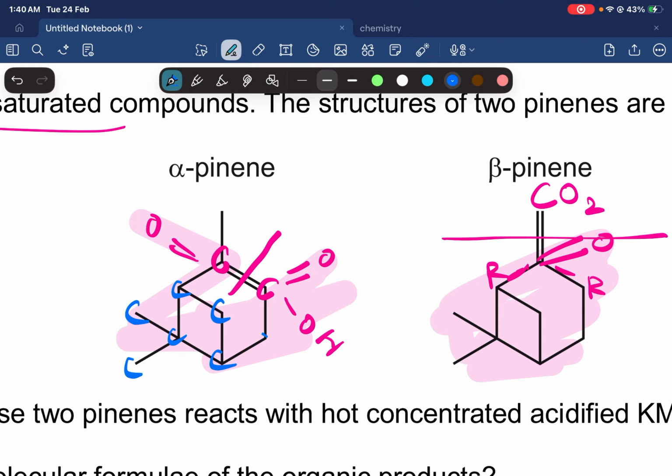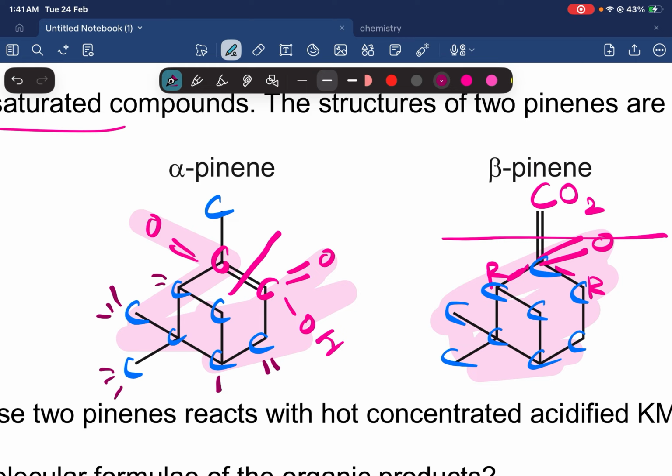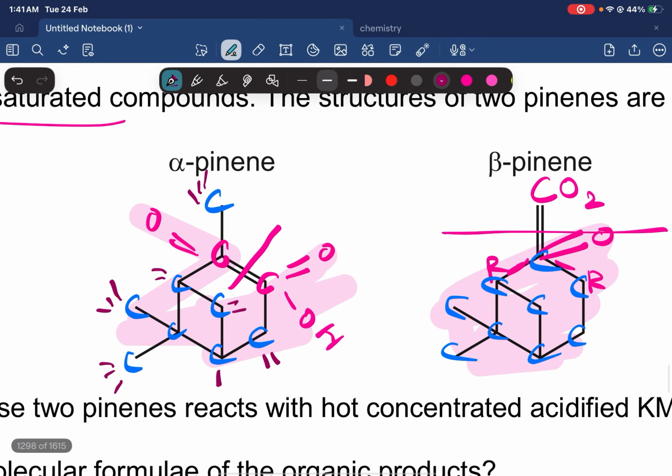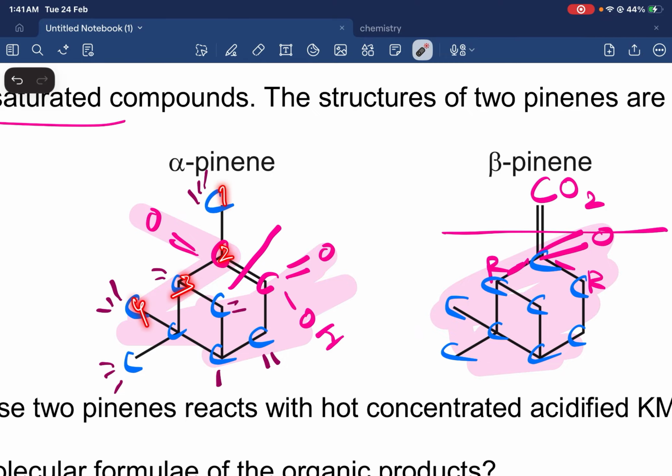But still, we're forced to do this. 1, 2, 3, 4, 5, 6, 7, 8, 9, 10 carbons.